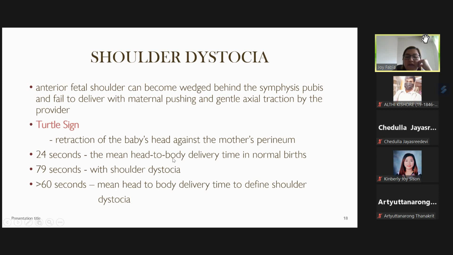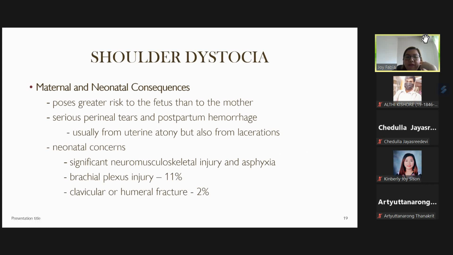The mean head-to-body delivery time in normal birth is usually 24 seconds. If we have already more than 1 minute delivery, or 79 seconds, that is considered a shoulder dystocia. So, if more than 1 minute ka na nagtatry to deliver the shoulder, that is considered a shoulder dystocia. For the consequences, it poses a greater risk to the fetus than the mother.